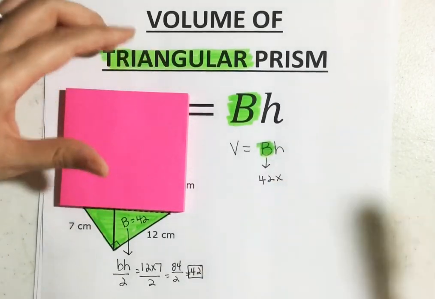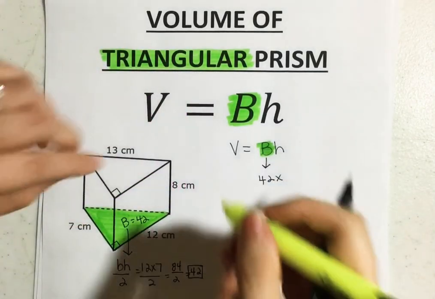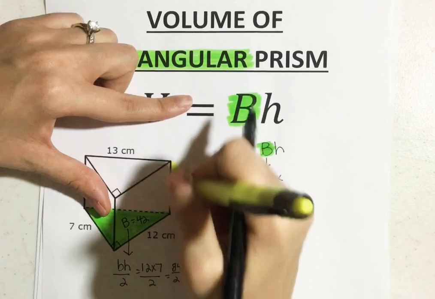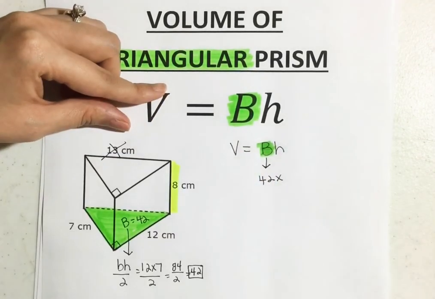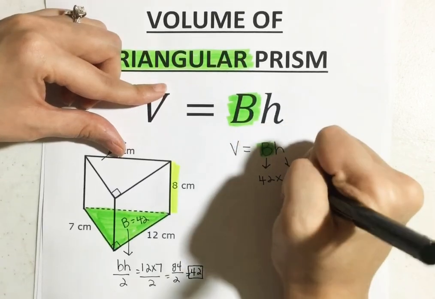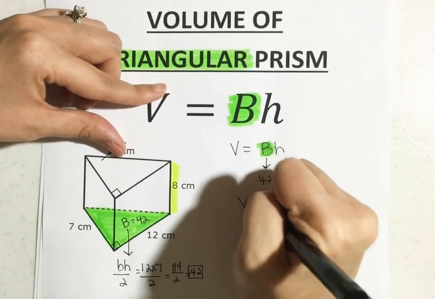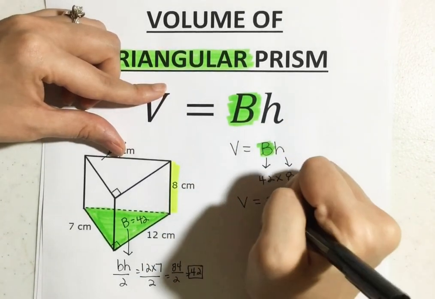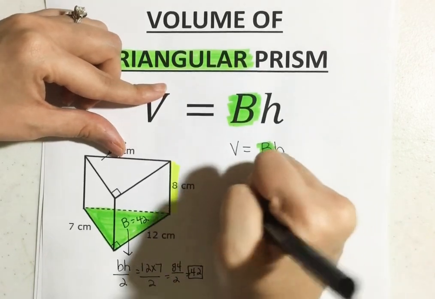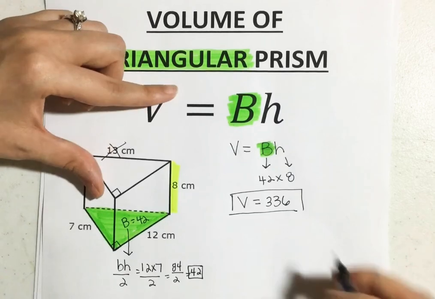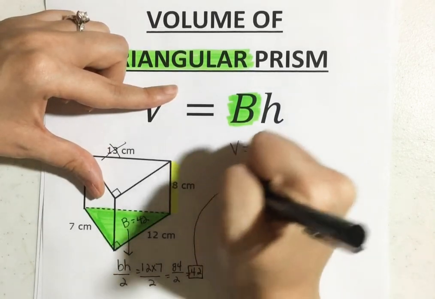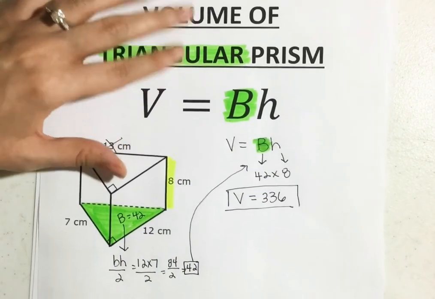Times the height, it's how much it measures up and down. So my height is going to be 8. The 13 is an extra number to confuse you, okay? So my height is 8. 42 times 8 is going to give you a volume of 336, okay? So this is one way to work it out, okay?